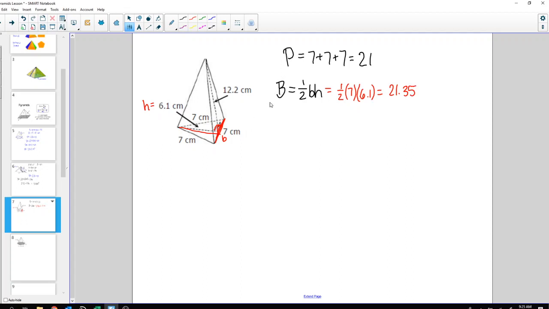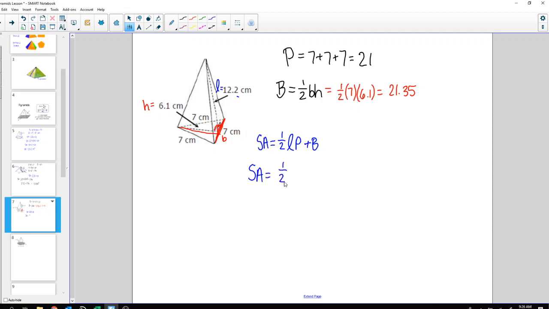So now I have my perimeter, I have my base. The other thing that I need is my slant height, which if I look here, I have a slant height. I have a height that goes along the surface of one of those sides. So surface area equals 1/2 the slant height times the perimeter plus the area of the base. And I have all those pieces. I can plug them into my formula now.